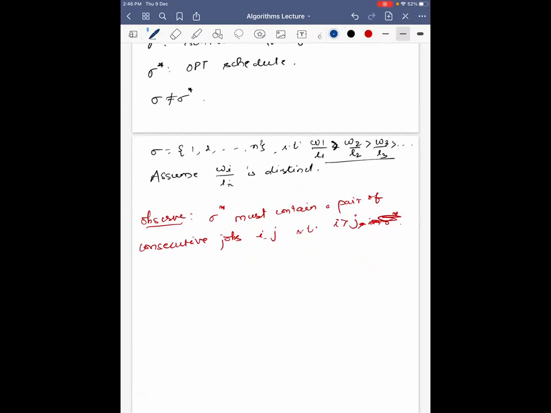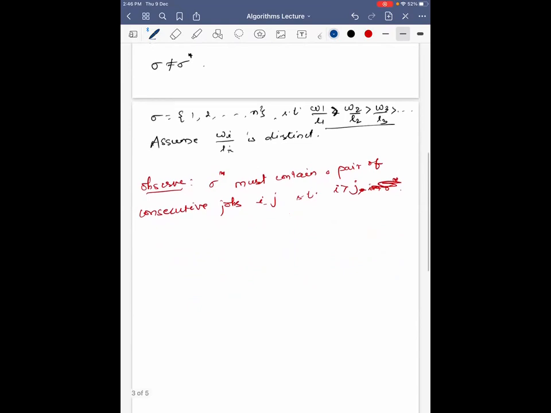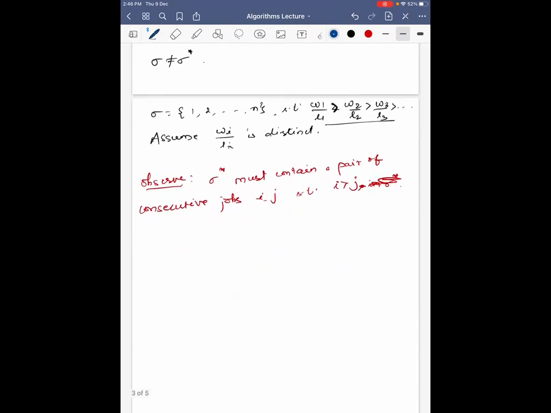All right. Now we'll do the following. This is our schedule, sigma star. This is the job I, this is job J. There are a couple of jobs here, some jobs here.